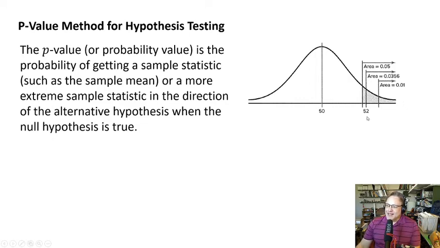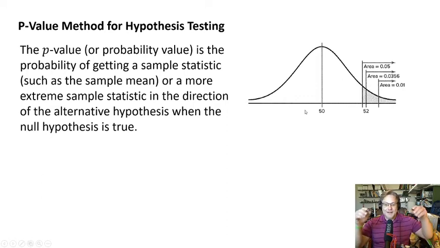If your test statistic is at this point here, where the area of the curve beyond this is 5%, then your p-value is 5%.